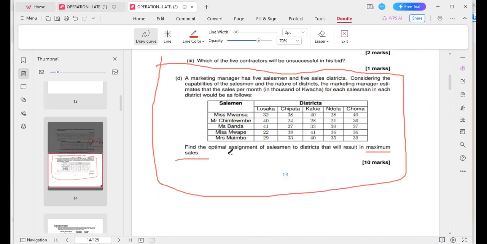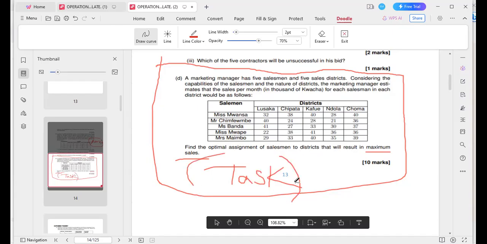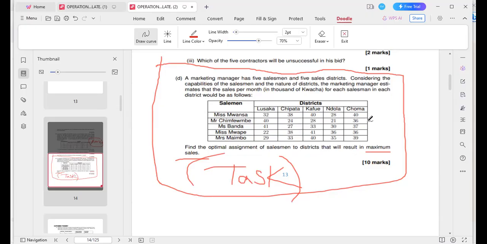If they are maximum sales, you have 1, 2, 3, 4, 5. Each question is a task you need to go through so that we come and discuss it, which means this topic will not be an issue for you. You assign these salesmen to Lusaka, Chipata, Kawe, Kafiwe, Dola, and Choma.